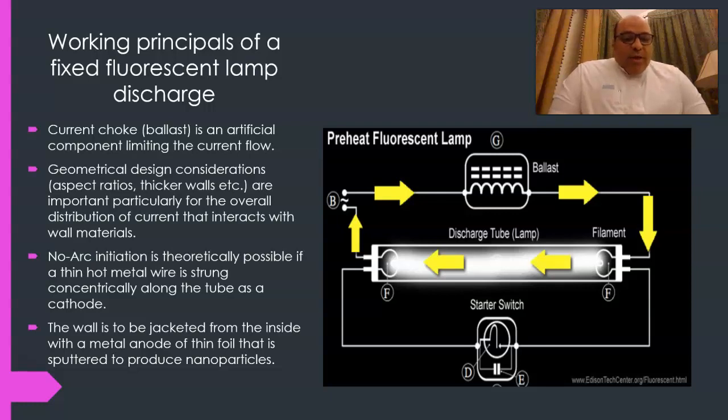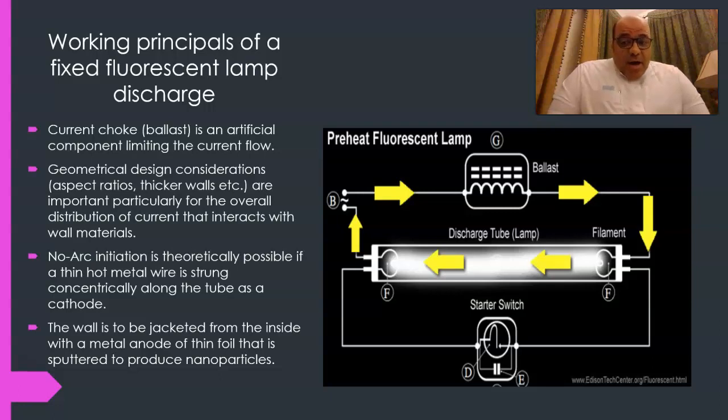What I would like to point out here is that based on the Child-Langmuir law and the original work of Langmuir, there's a proposal: if there is a cathode in the form of a very thin wire, less than 1/10 of the radius of the tube, strung horizontally and concentrically across the tube, it can be used to emit electrons that will strike the anode, which is in the form of the tube inside. And so this is basically a configuration that we are proposing.